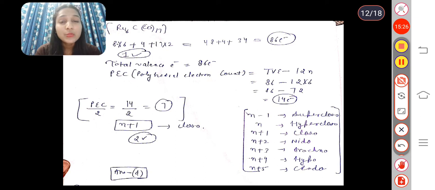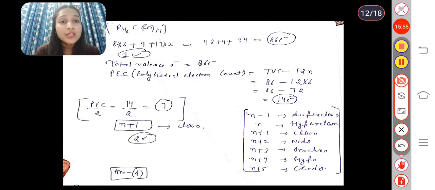Total valence electron here is 86 minus 12n, where n is the number of metal atoms, and here the number of metal atoms is 6 because the metal here is Ru and there are 6 of them. So the n value is 6, and after calculating it comes out 14 electrons. Our final step is PEC upon 2; we have to divide the polyhedron electron count by 2. So 14 upon 2 is 7.